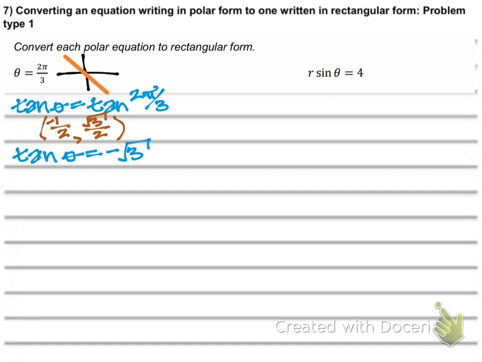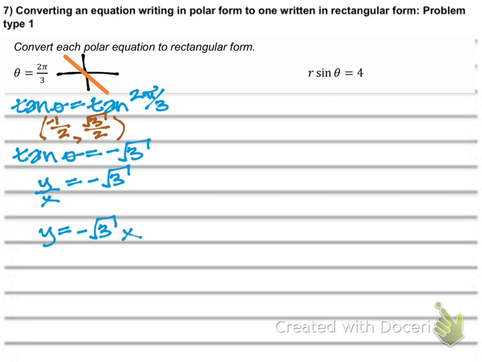But the tangent of theta, so remember our goal here, we want rectangular form. So we want x's and y's, no r's, no thetas, right? But tangent theta is y over x, right? So y over x is negative root 3, which means that y is negative root 3 x.